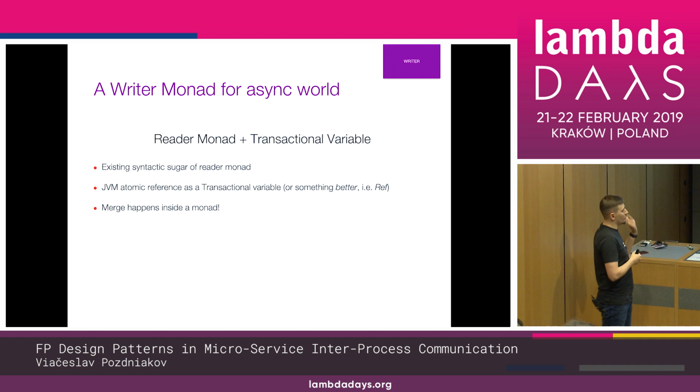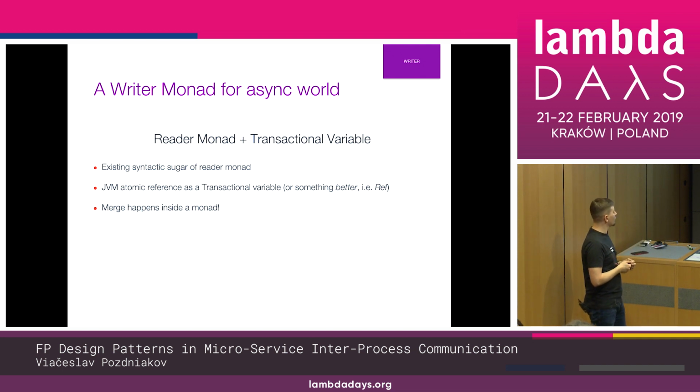But if you're on a JVM, then it's a little bit problematic because we don't have decent STMs. Well, obviously. But for example, in our case, we just use atomic references. So if you have more powerful tools like Cats or ZIO, for example, then you have this Ref thing which can be written or updated with a merge function.